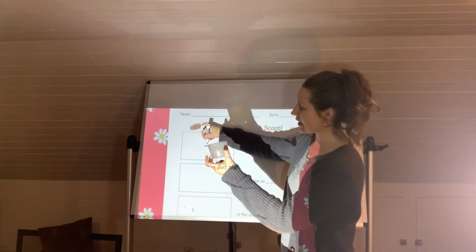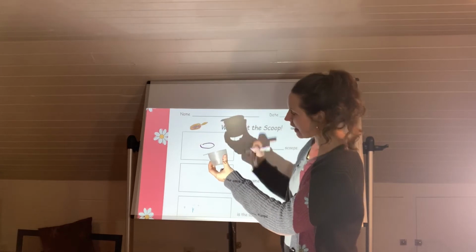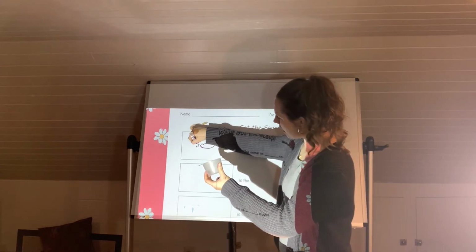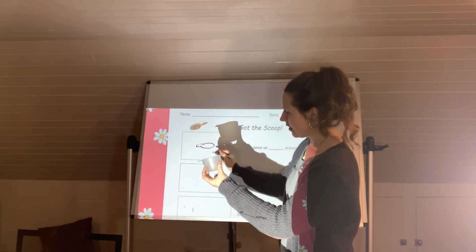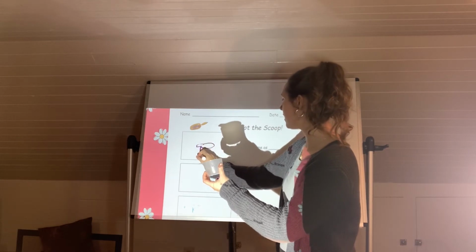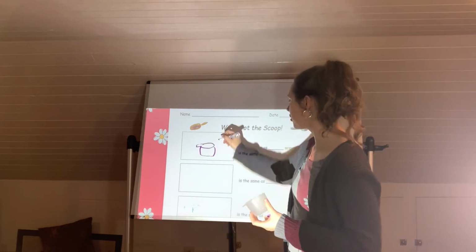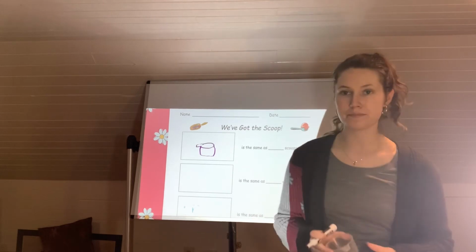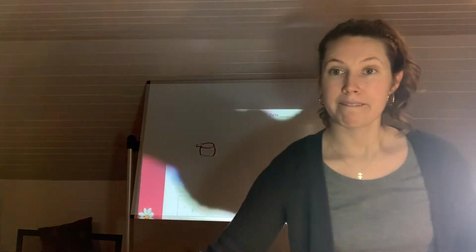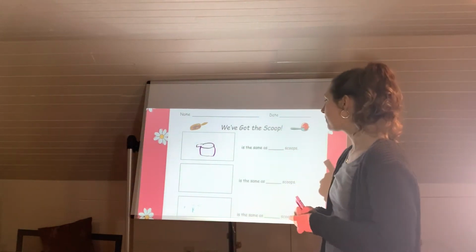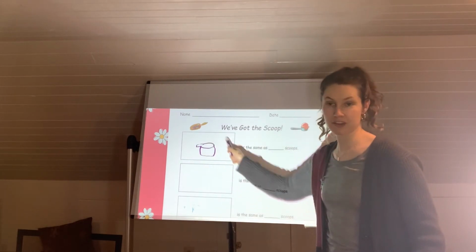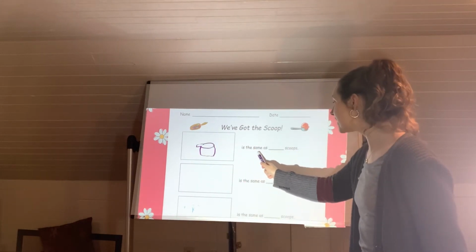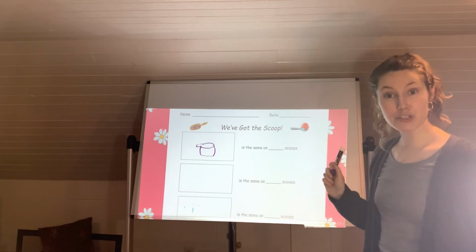And it looks like it kind of has a round circle at the top. It's got a little handle there. And then it is kind of like cylinder shaped at the bottom. There we go. So now it says my measuring cup, that's my picture, is the same as blank scoops.